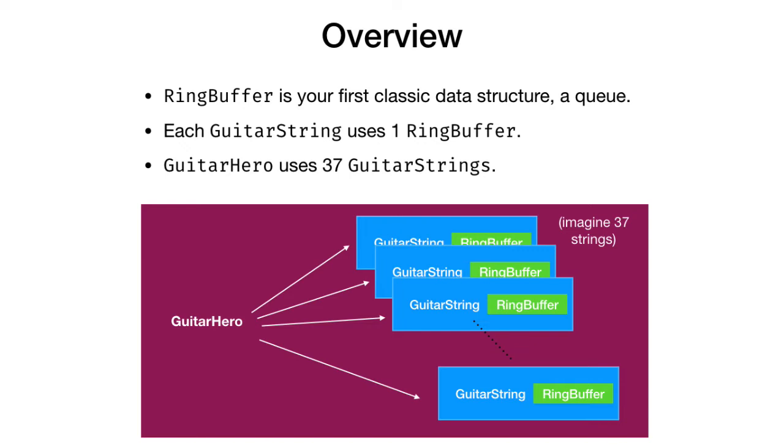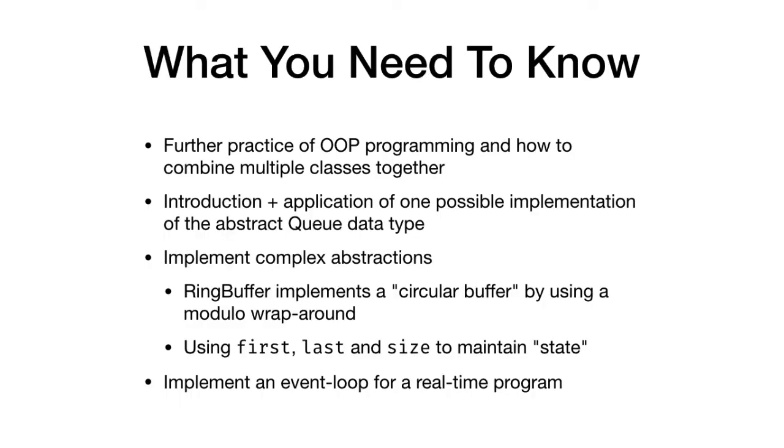What you need to know, well, in this assignment, we're really trying to get you to practice juggling more objects. The practice that you're getting here is in using different objects and combining them with each other. What you're going to learn in this assignment is an introduction to data structures, and specifically to the queue abstract data type, which we'll be talking more about in the following weeks.